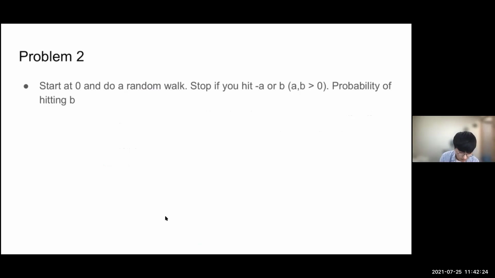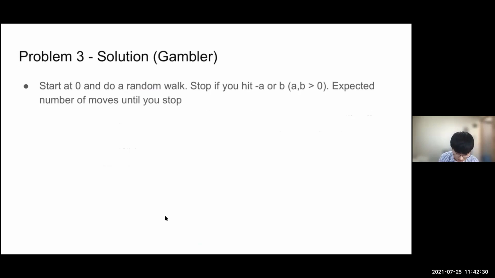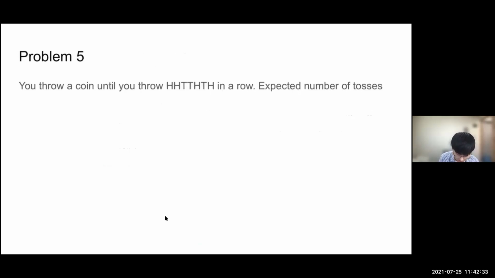So I just realized I'm running short on time, so maybe I should talk about this problem instead. Maybe this is a bit more interesting. You throw a coin until you throw HHTTHTH in a row, and you want to find out the expected number of tosses.